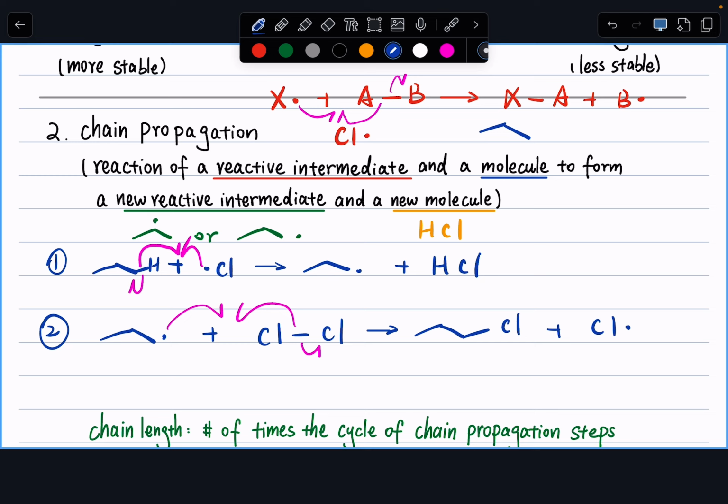So this is what we call a propagation step, because once the initiation breaks down the Cl2, that initiates the reaction. Now you have the Cl dot around.